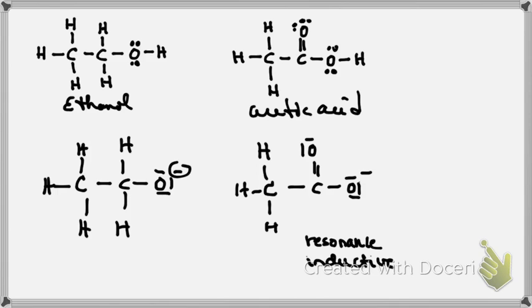But ethanol is about the weakest acid you could have in water, and acetic acid is still considered a weak acid, but it's 10 billion times stronger than ethanol because it has resonance and a little bit of an inductive effect. It's hard to imagine that little bit of difference making that big of a difference. It's like I shoved it a little bit and the whole building fell over.